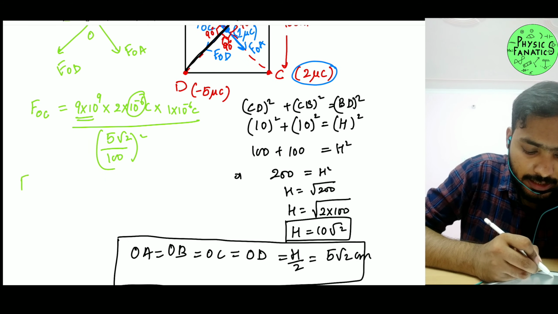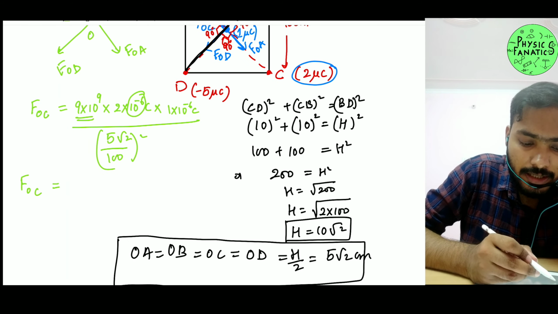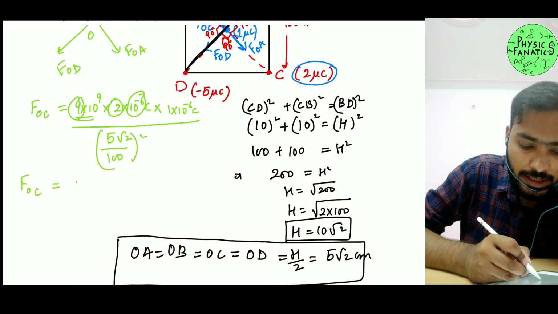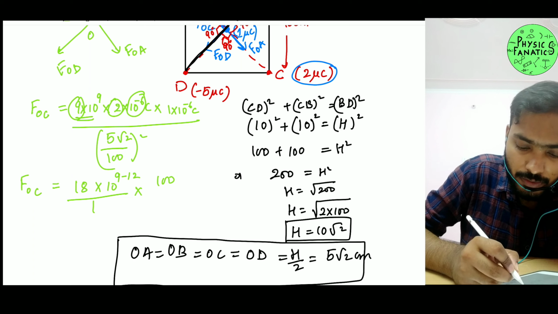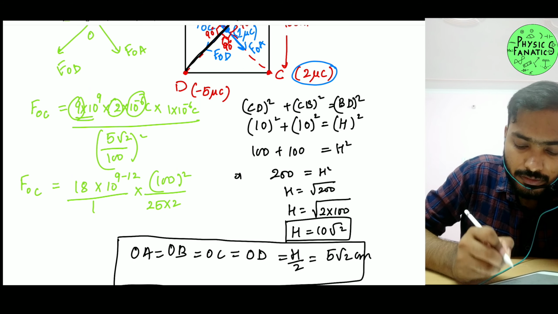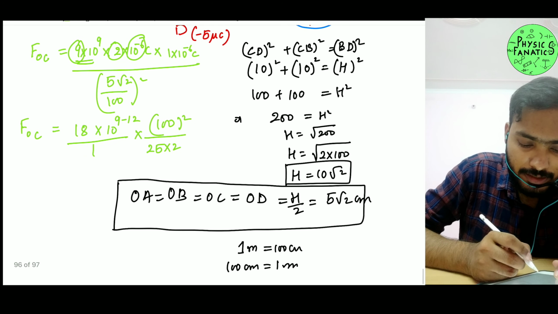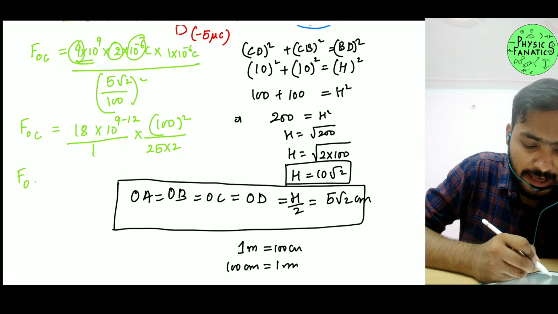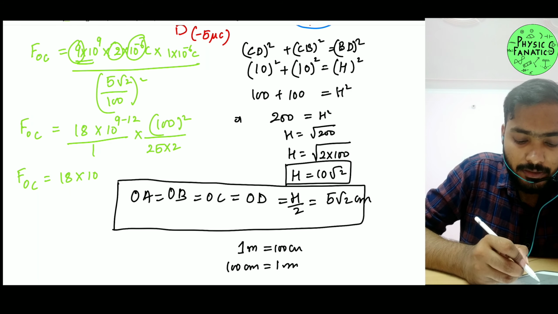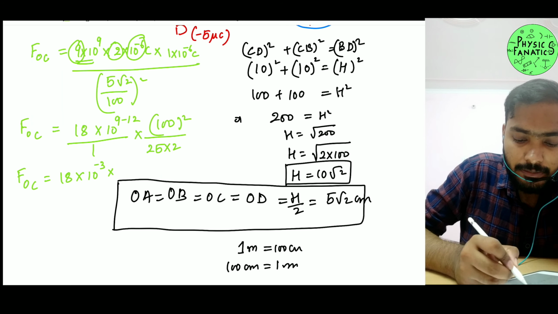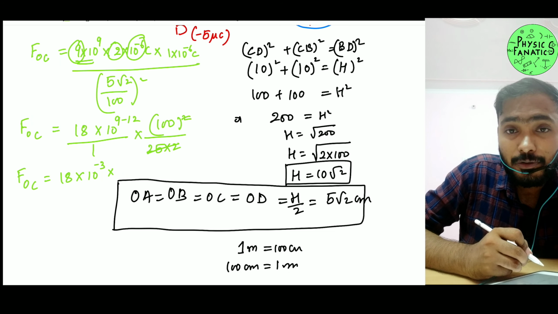Yes, so you will get FOC is equal to 9 into 2, 18. I'll get 18 into 10 to the power 9 minus 12, divided by 1 into 100 square, let's say. This is 25 into 2, this will be actually 100. I hope you guys can see that. FOC is equal to 18 into 10 to the power minus 3, multiplied by, this cancels out with this.